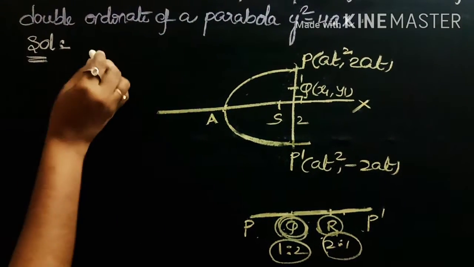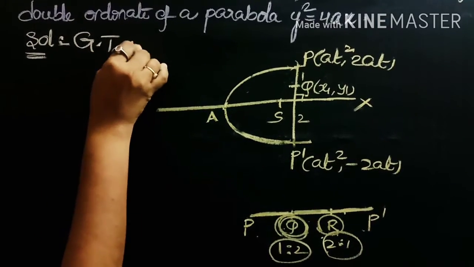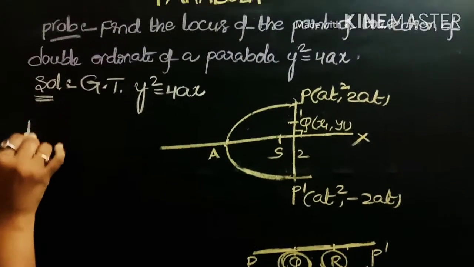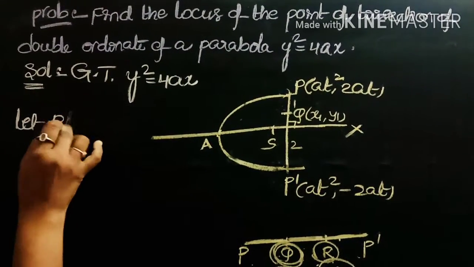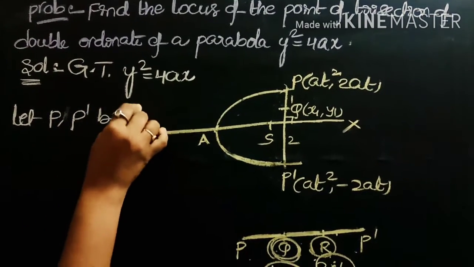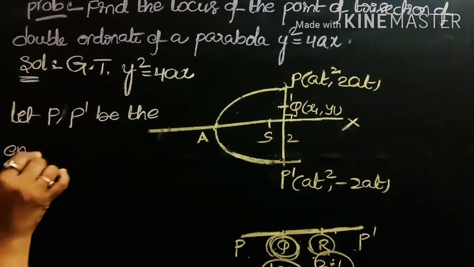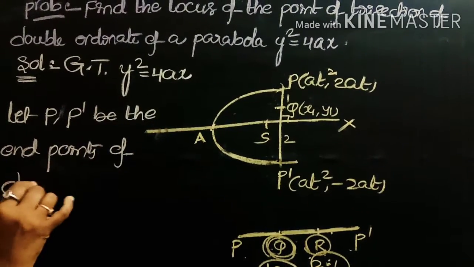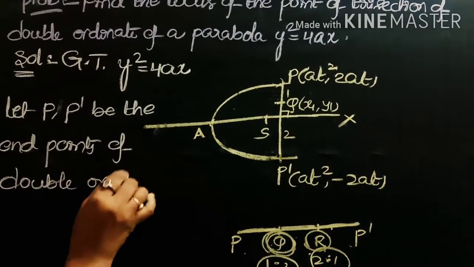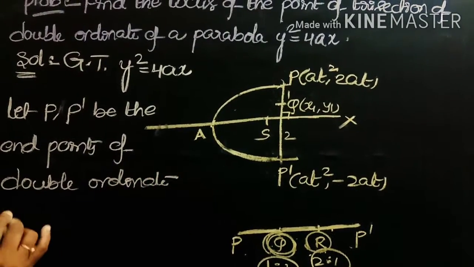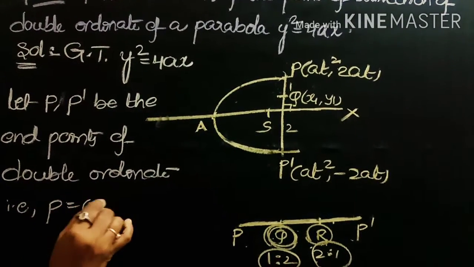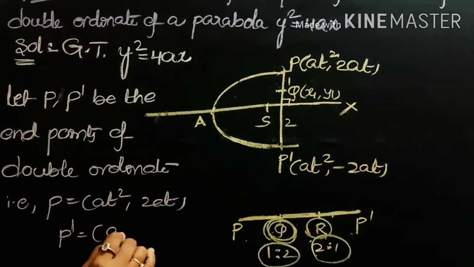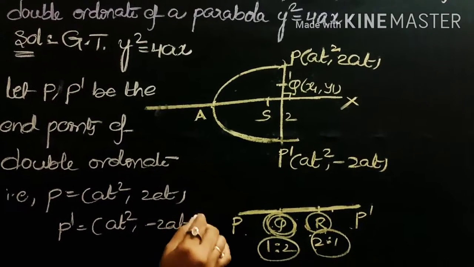So first we write the given data. Given that y square is equal to 4ax is a parabola, and let P, P dash be the endpoints of the double ordinate, that is, P equals 'at square, 2at' and P dash equals 'at square, minus 2at'.